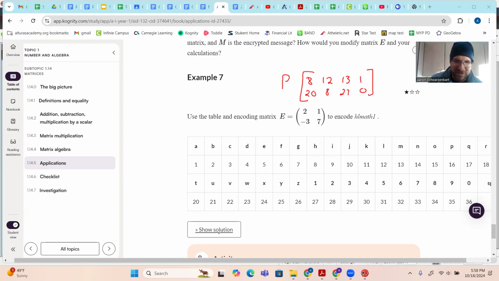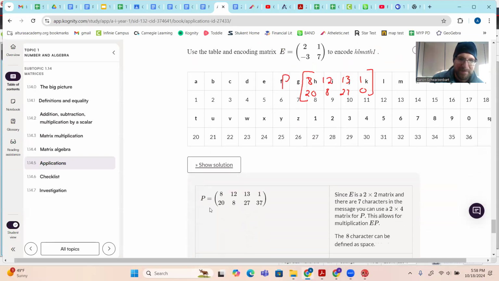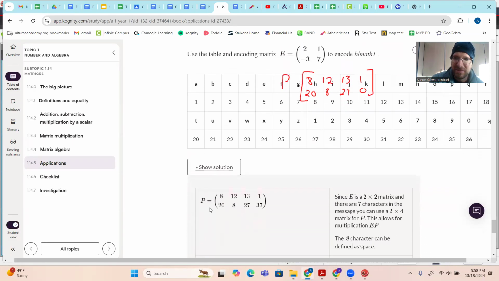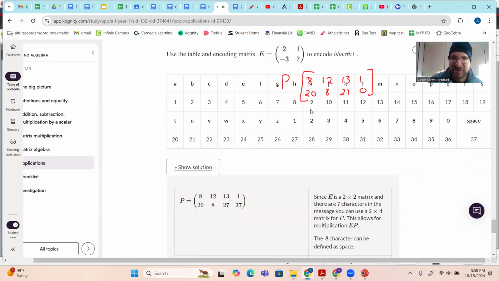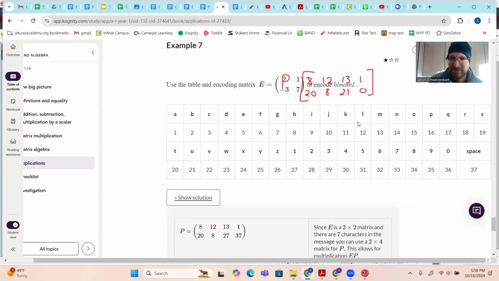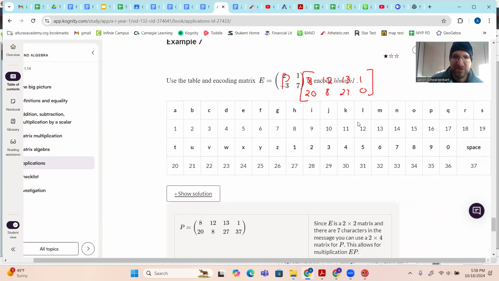I'm going to double check that that's what they want me to do with the last one. Oh, nope. They're making space 37. Okay. They want space to be 37 in this one. I missed that. This is going to be 37.